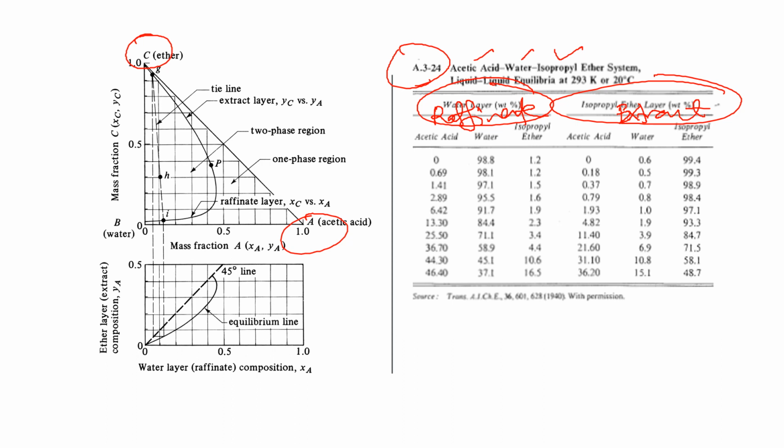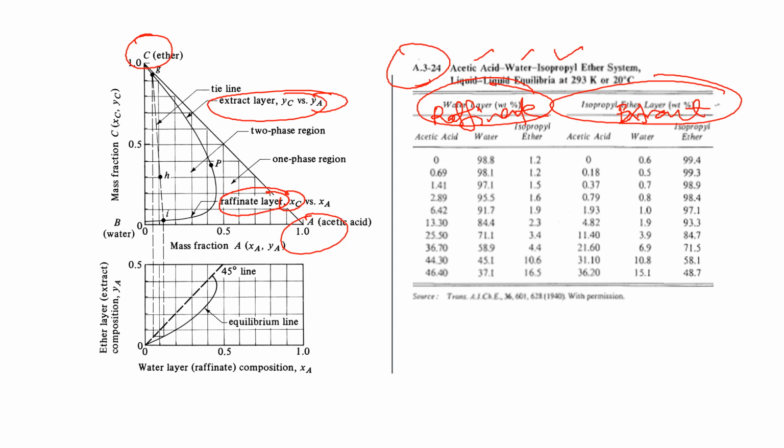The raffinate and extract compositions: this is the raffinate and this is the extract layer. The raffinate is represented by X and the extract denoted by Y.